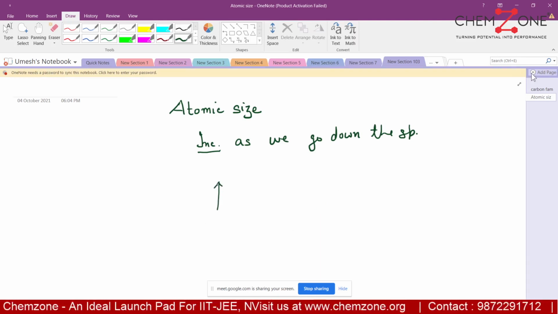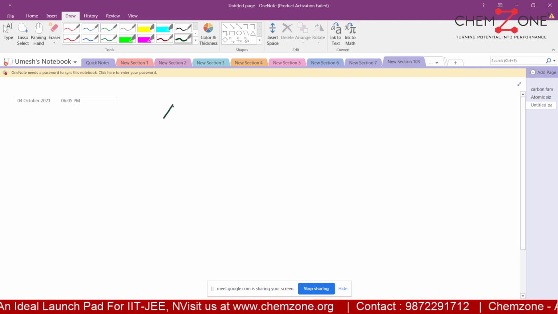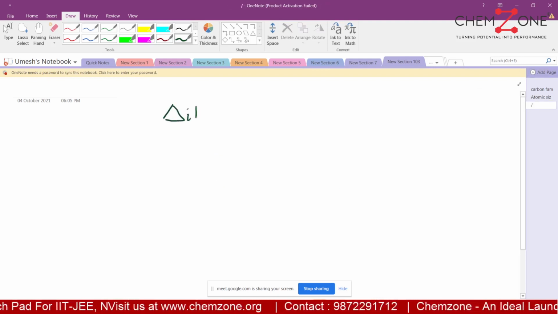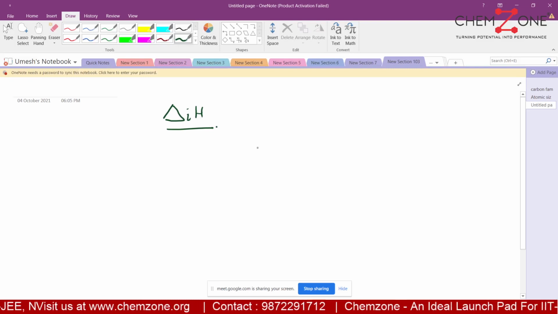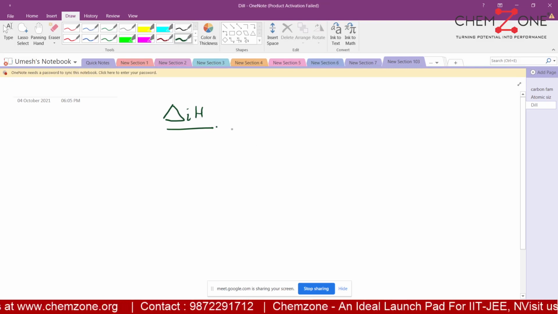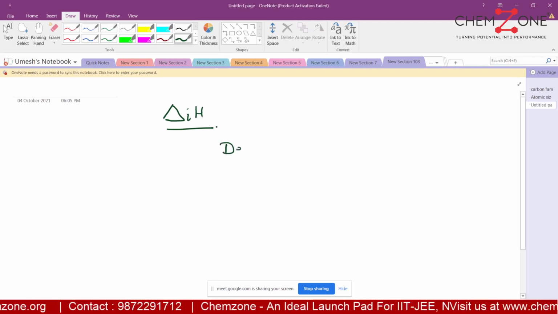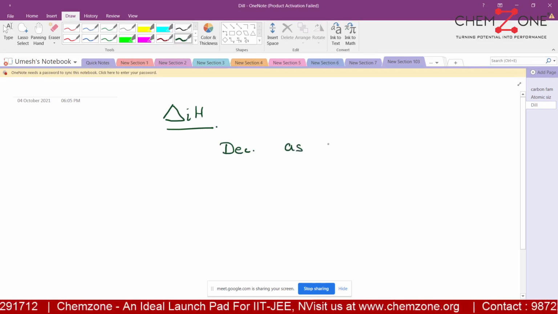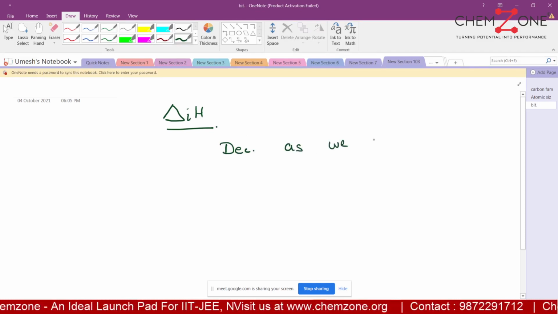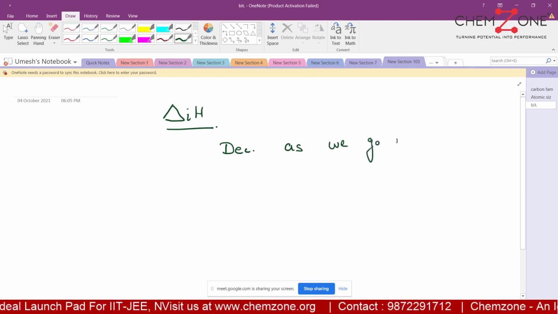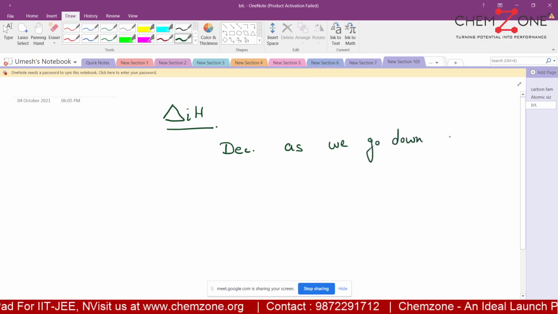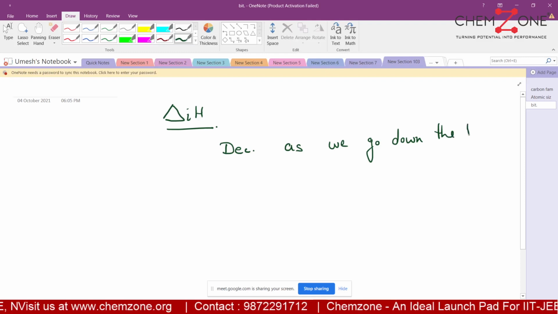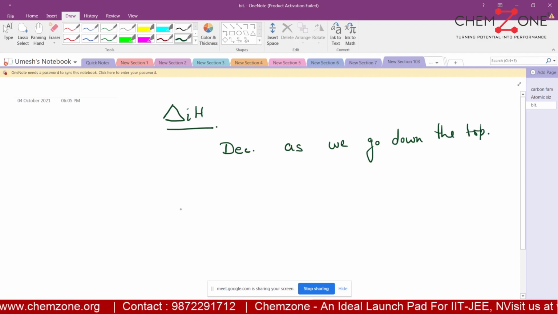Okay. So how about the enthalpy of ionization or ionization energy? How will it vary down the group? It will decrease as you go down the group. Why will it decrease? Actually, what happens?